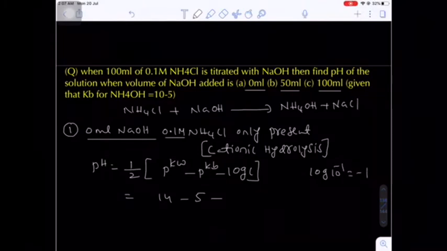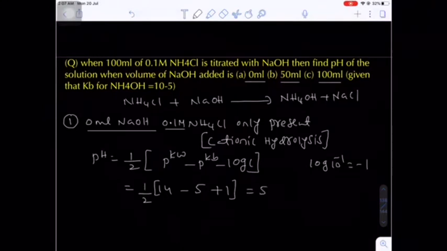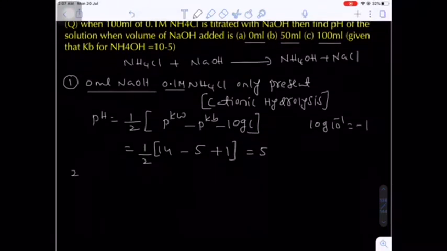And the salt concentration is 10 to the power minus 1. Log of 10 to the power minus 1 is minus 1. Minus of minus becomes plus. Are you getting my point? Whole divided by 2. 10 by 2, that is pH 5.